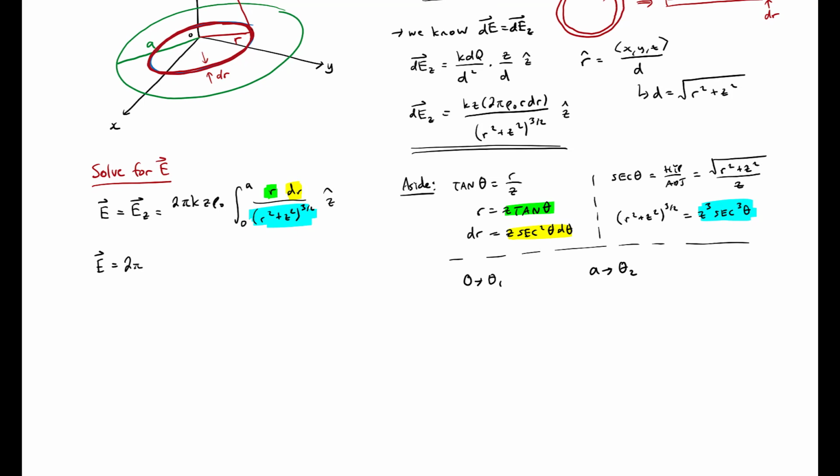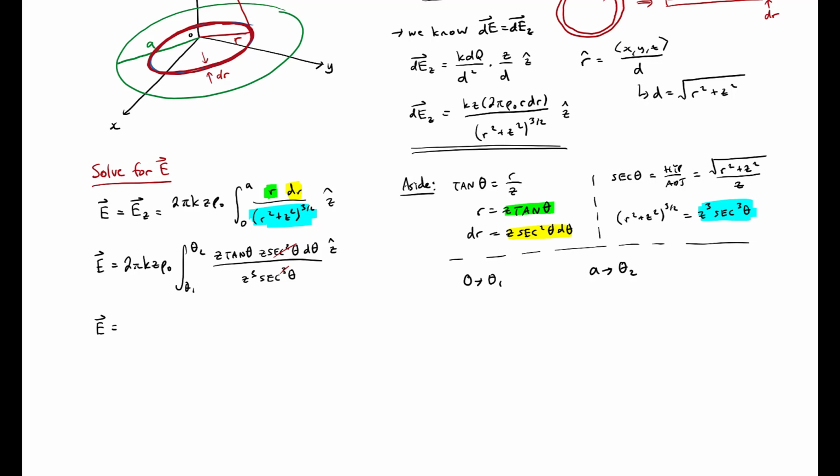So we have 2 pi k z rho naught times the integral of theta 1 to theta 2 of z tan theta z secant squared theta d theta in the z direction divided by z cubed secant cubed theta. So from here, what I can see is that my secant squared gets rid of 2 of the secants from the bottom.